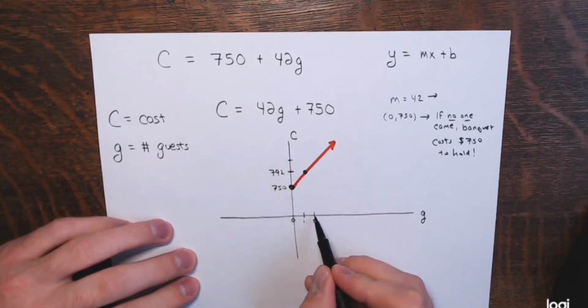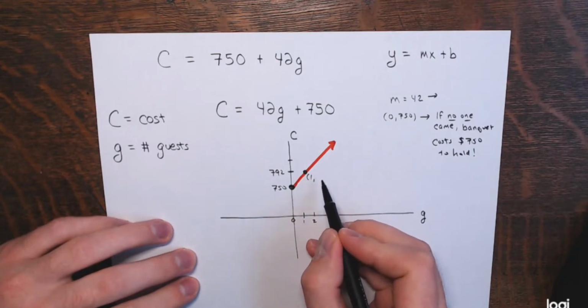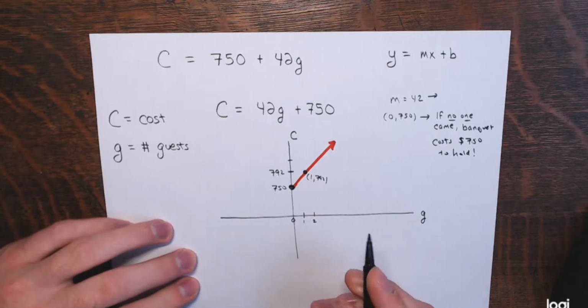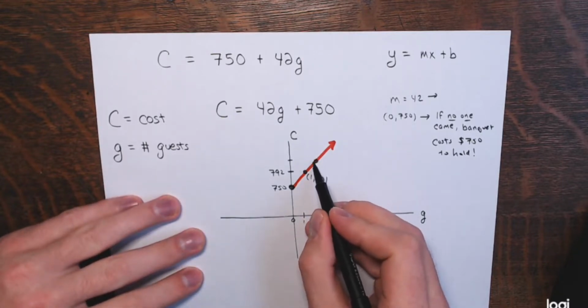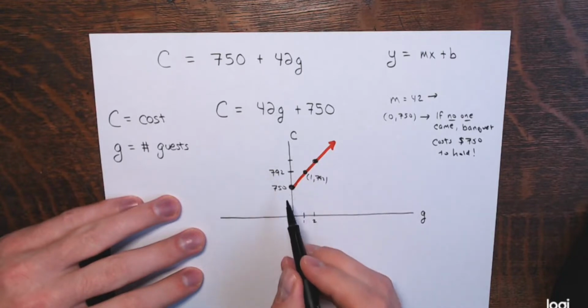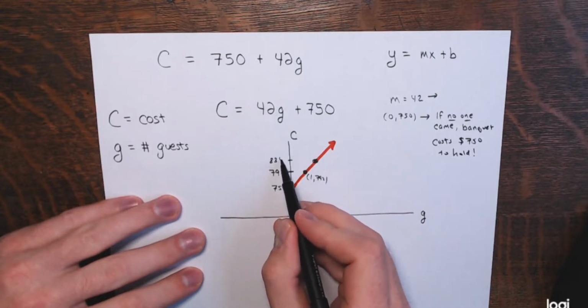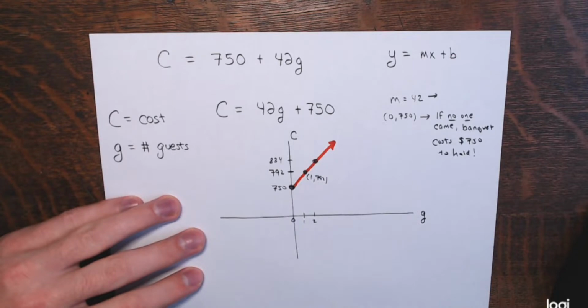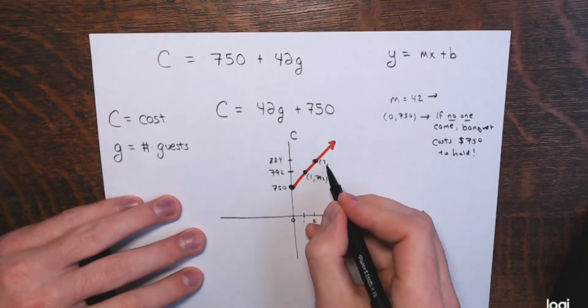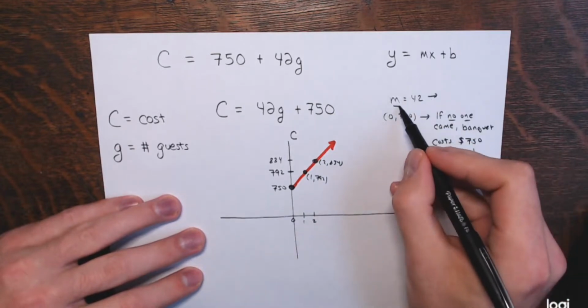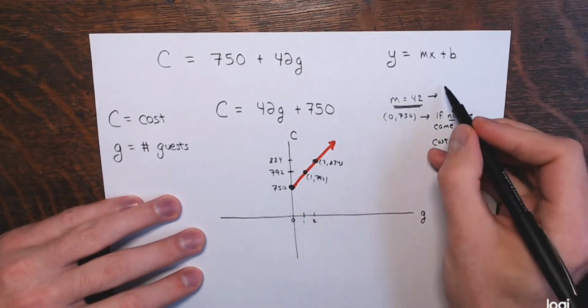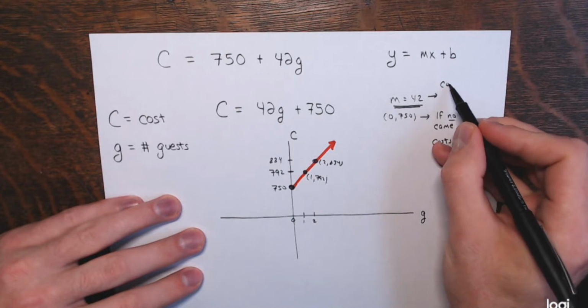So here's one guest, then the cost of the banquet $792. Add another guest. If there were 2 guests, you add 42 to this, that'd be $834. So 834, and so on. But the way the slope would be interpreted here is, it costs $42 per guest.